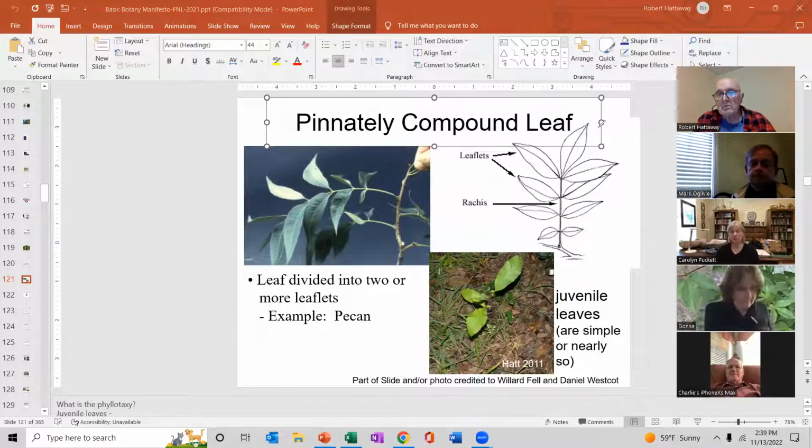But they're not. And if that was true, this would be the midrib, just like on this one down on the bottom right. You see that? Yes. Okay, that's the midrib.